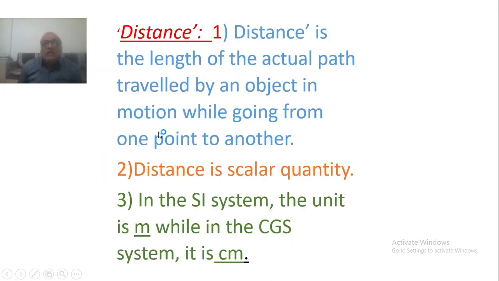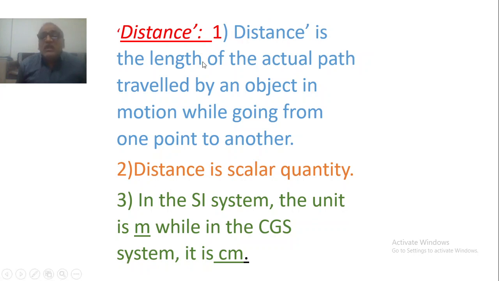Okay. Now next one, what is distance? Suppose there is a point A and there is another point B. If an object displaces from point A to point B in a straight line or on a peripheral road, then what is distance?